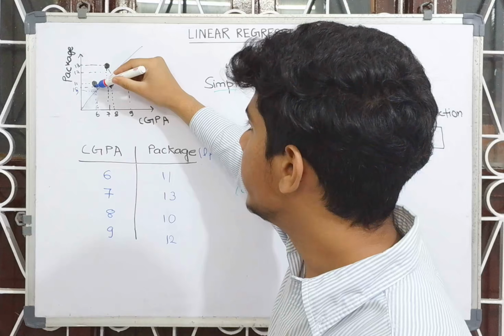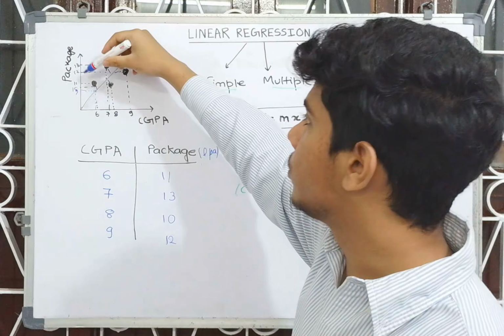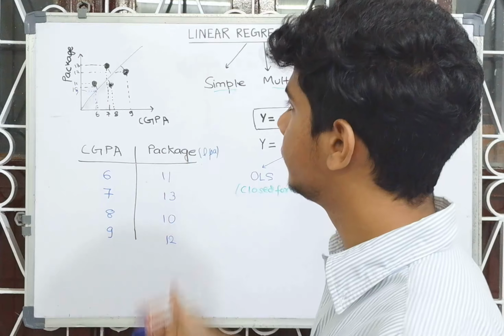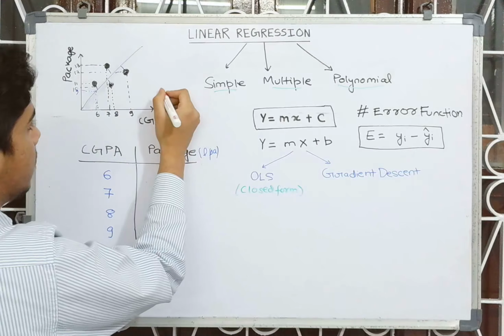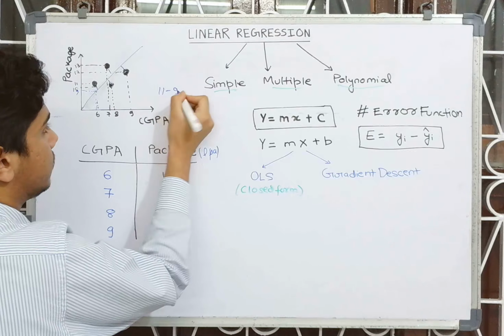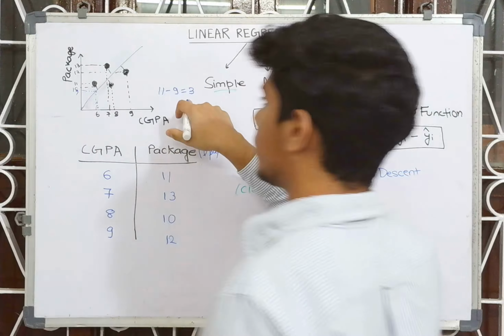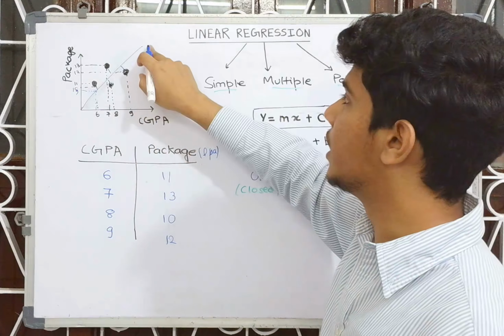So we predicted 9 LPA, but he has got 11 LPA. So what will be the error here? Error is 11 minus 9, which is equal to 2. That is the error we got in our predicted line.